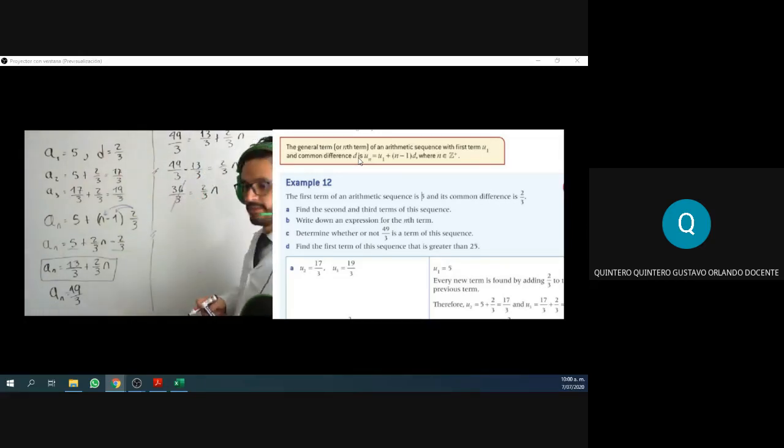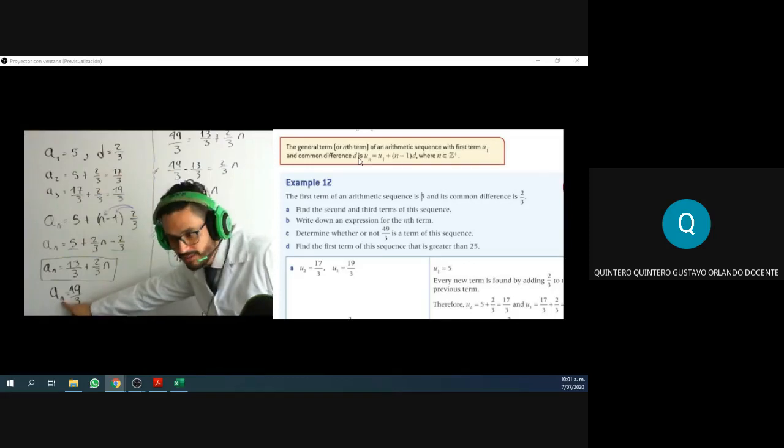Beautiful. But look at that. 36 over 3 can be simplified, right? How much is that? That is 12. So 12 equals 2 over 3 n. To isolate the n, just pass the 3 to multiply and pass the 2 to divide. So we have 12 times 3 over 2. This is n. Again, the 3 was dividing, I pass it to multiply.